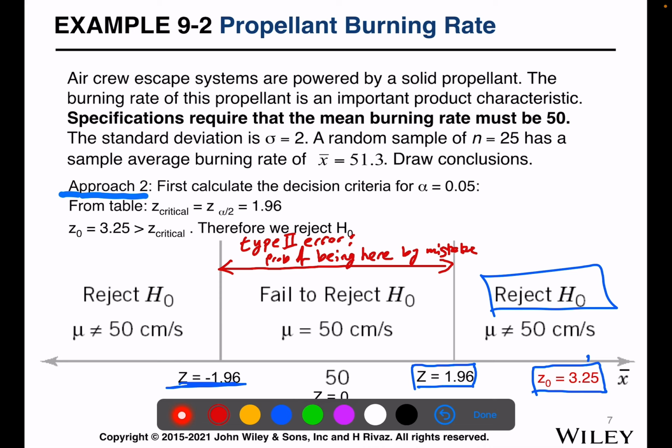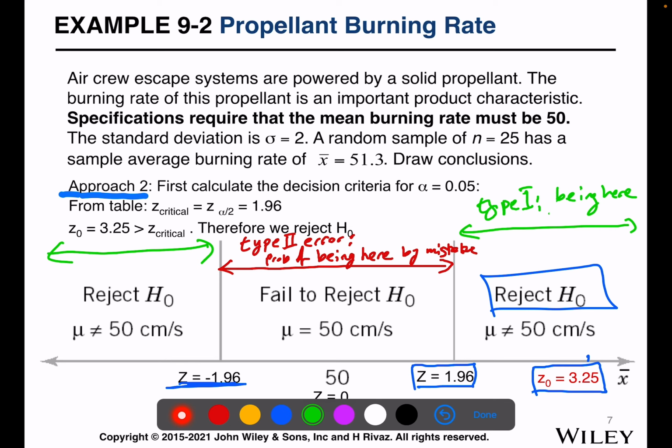Type 1 error is the probability of being here by mistake, either here or here. Both of them are errors, so both of them have by mistake at the end.